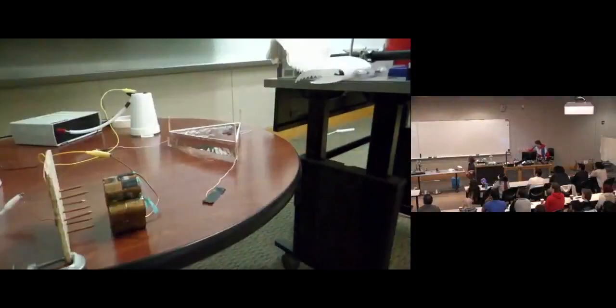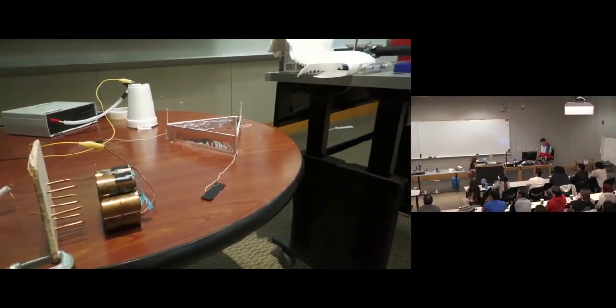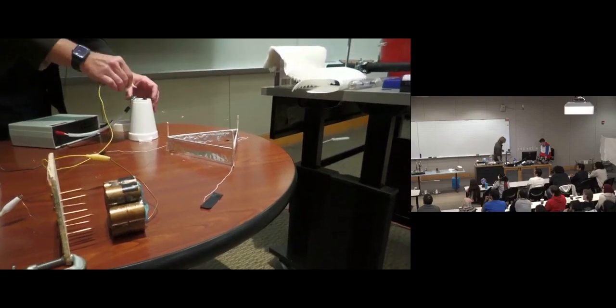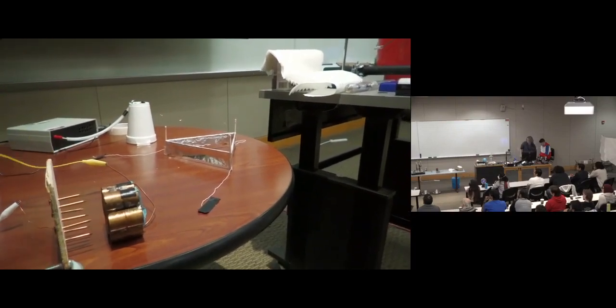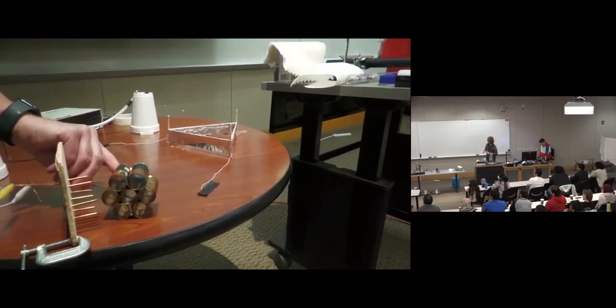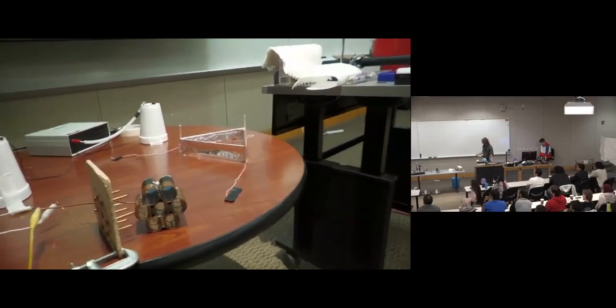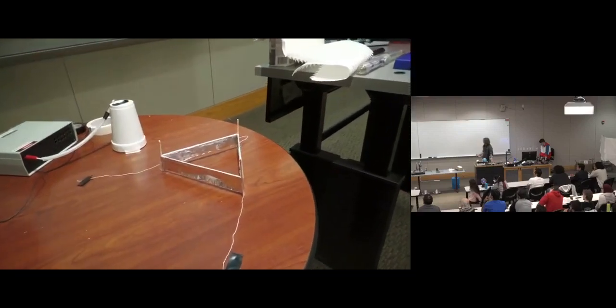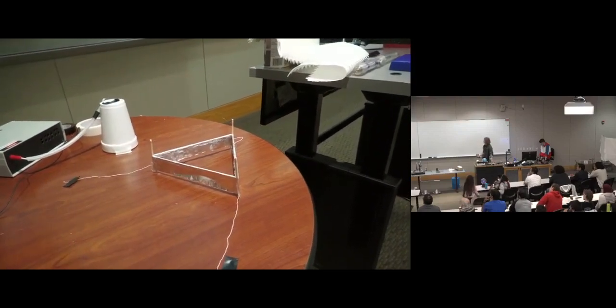So what I have here is an ionocraft. It is an airplane powered exclusively by ions. If you can zoom out, you can see it's a triangle. We have a thin wire on the top. The key here is you need a sharp point and a dull point. Why?